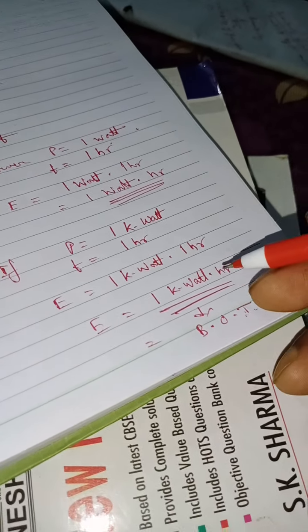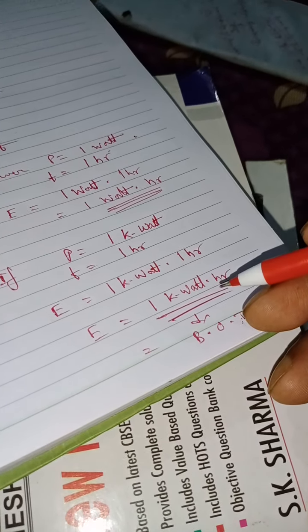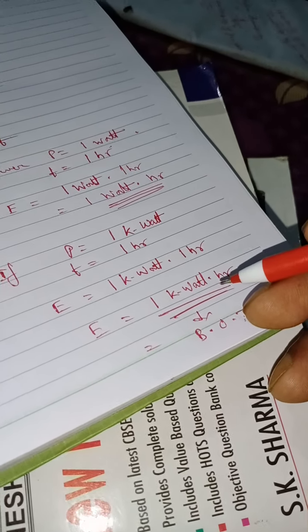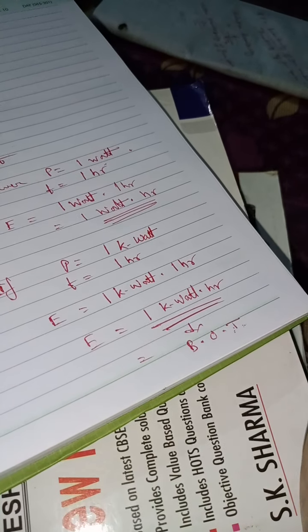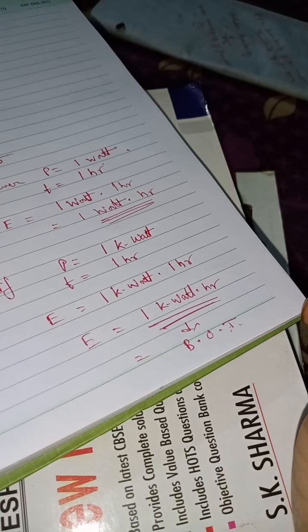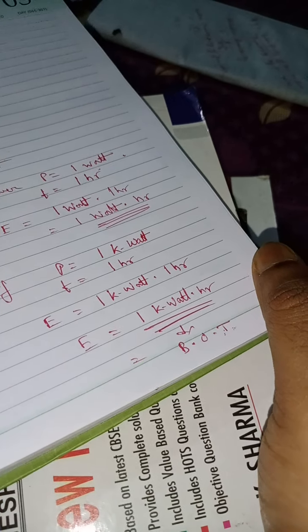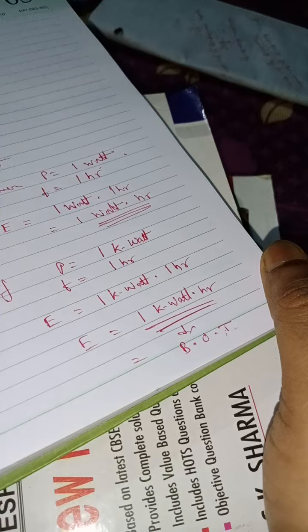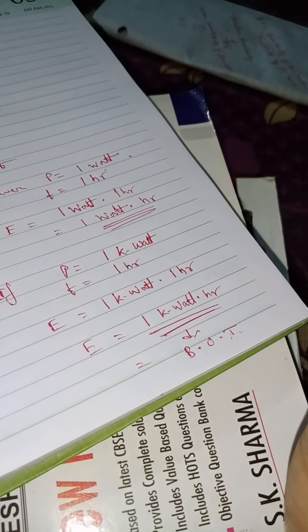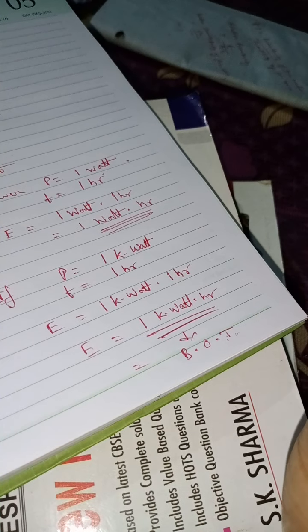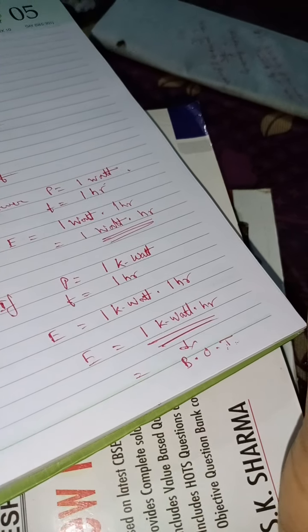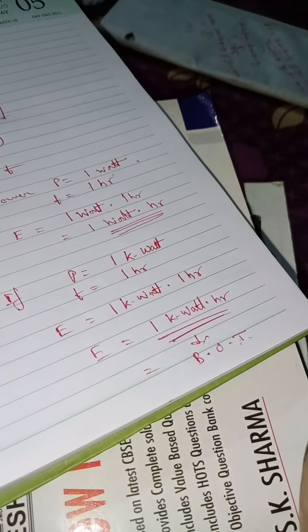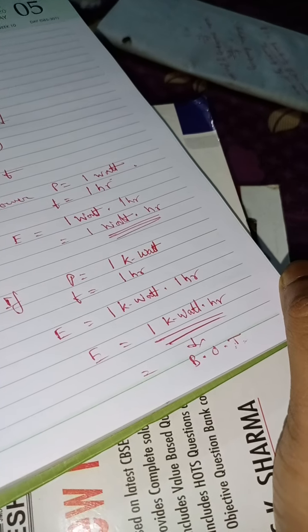That means, suppose in your home one appliance having 1 kilowatt is working for 1 hour, then the electrical energy consumed or used is known as 1 kilowatt hour.